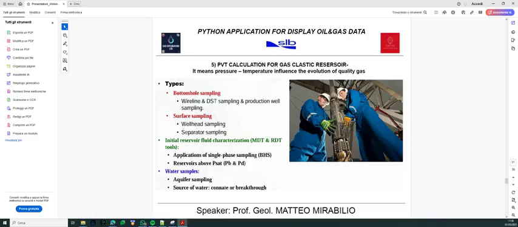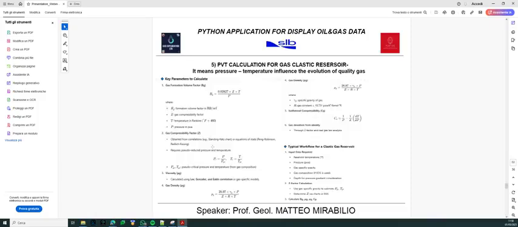Surface sampling, for example, when we need to make a sampling at surface, separator sampling. We can sample, for example, also the water, but we have also the fluid characterization with MDT, RDT.